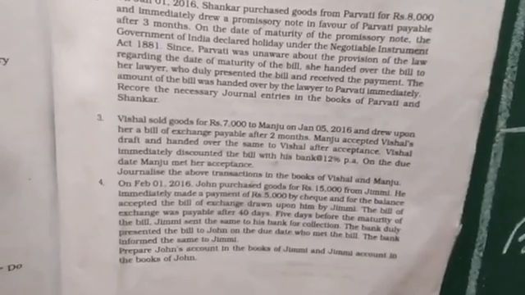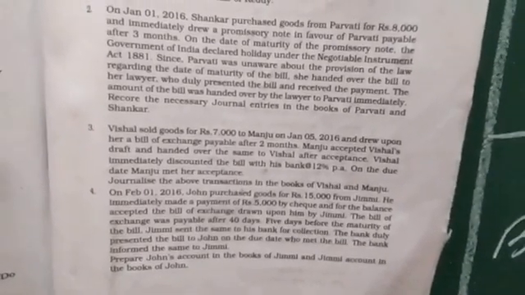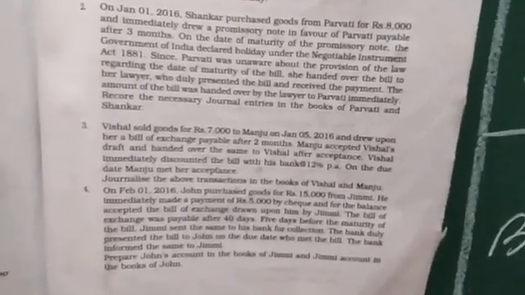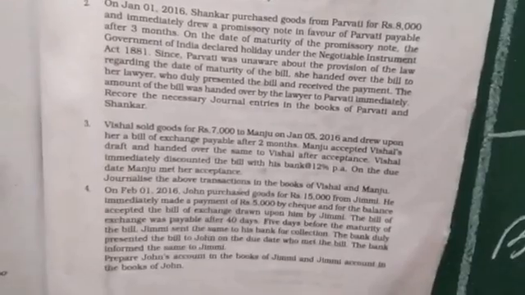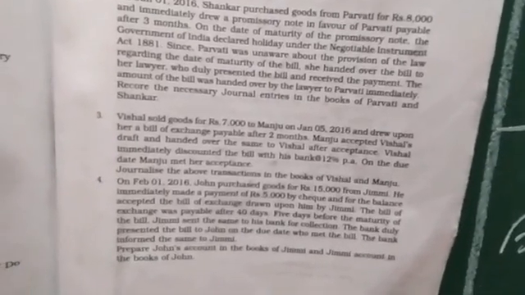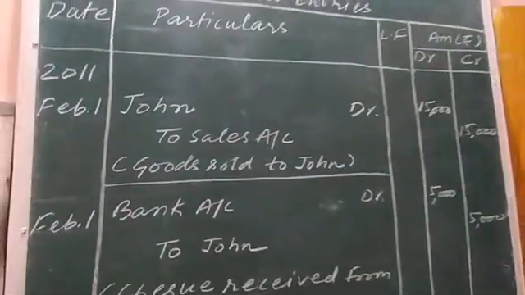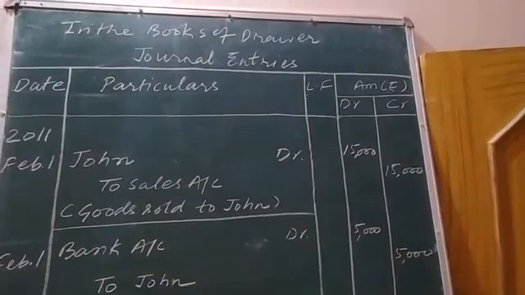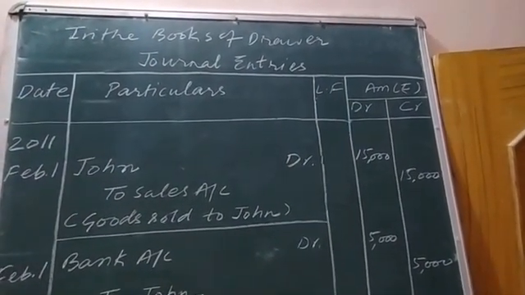So here, if we pass the journal entry in the books of seller, that is Jimmy, then the very first journal entry for the transaction that happened on Feb 1st, 2016 will be John, the debtor, debit to sales. See the journal entry, the very first journal entry to be passed. John debit to sales. John is the debtor. Debtor is placed on the debit side.